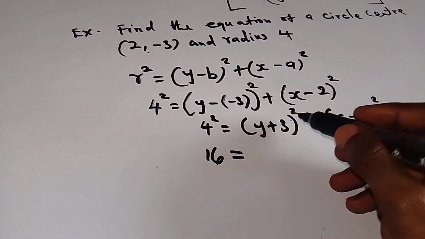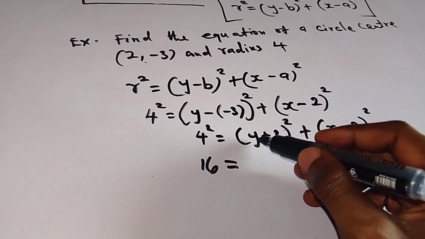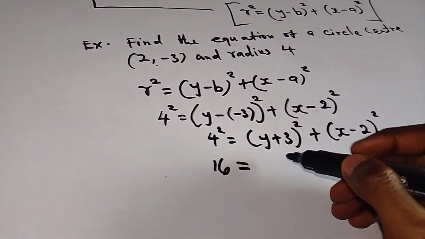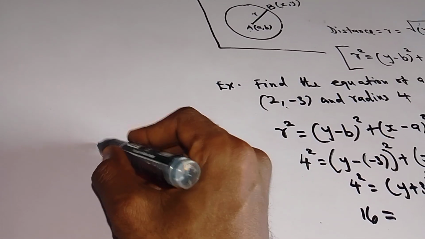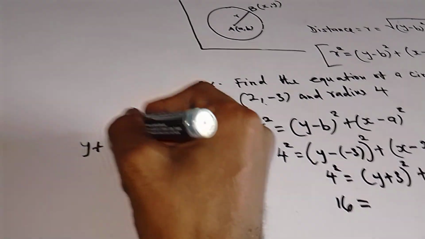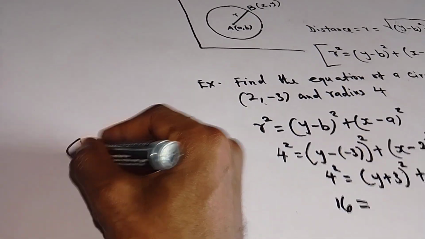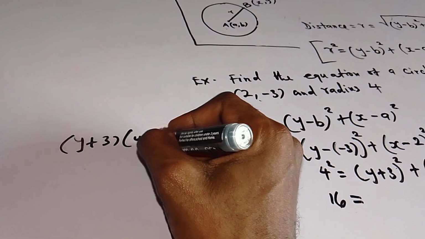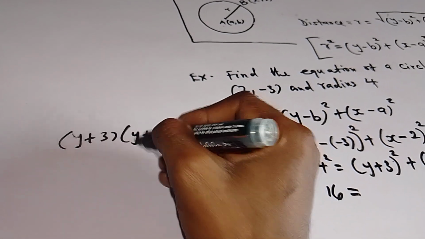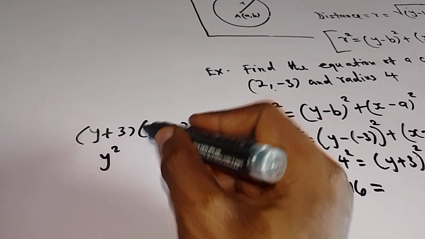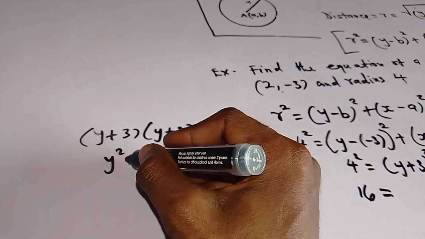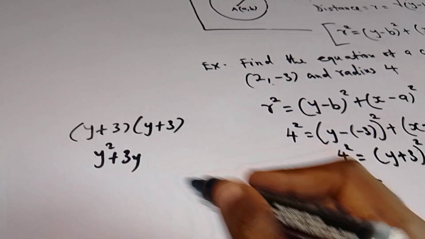If we expand the bracket, you know how to expand the bracket, right? In case you have little difficulties, let's just take it down here. (y plus 3) squared is (y plus 3) times (y plus 3). Y times y is y squared. Y times 3 is plus 3y.